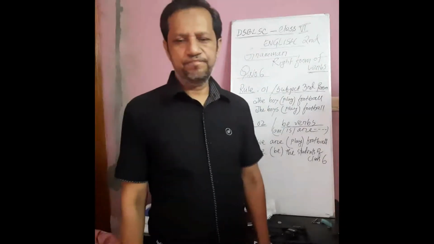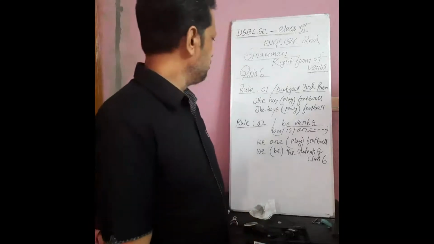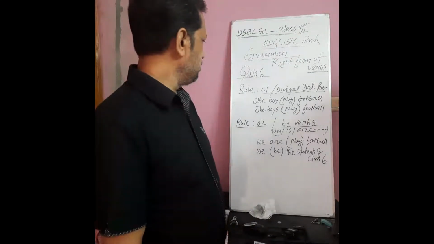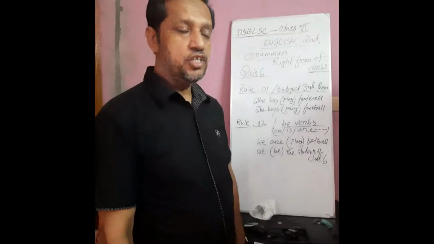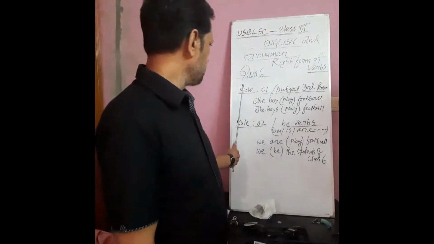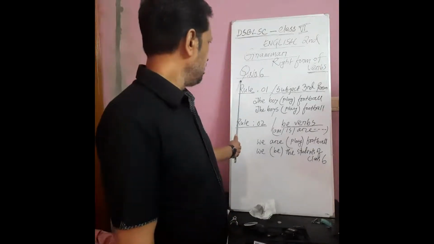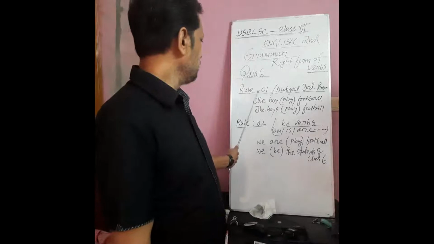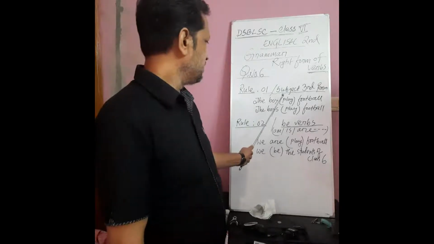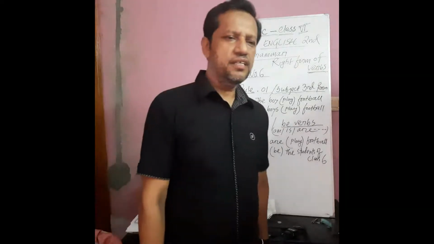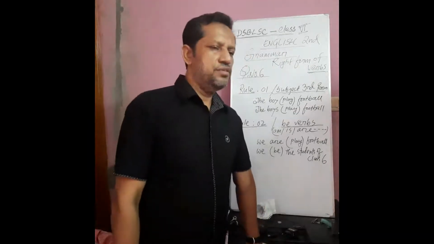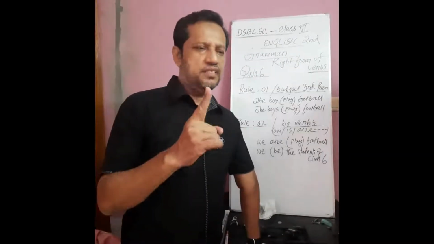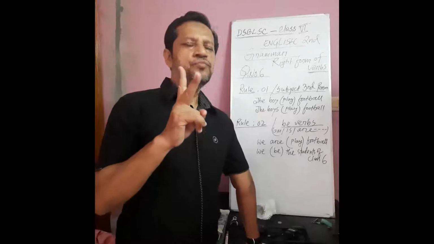So today I would like to discuss some rules of right form of verbs. Question number 6 of English second paper, model question of class 6. Rule number 1: Subject. There are two types of subject. One is singular and another is plural, you know.